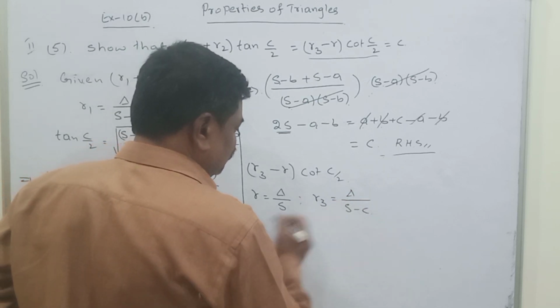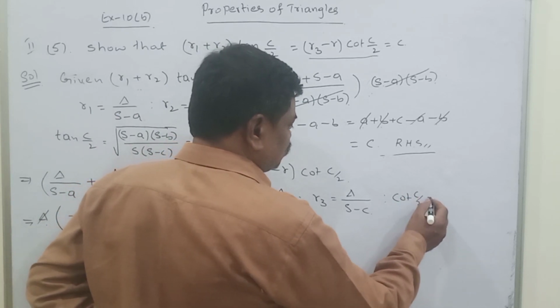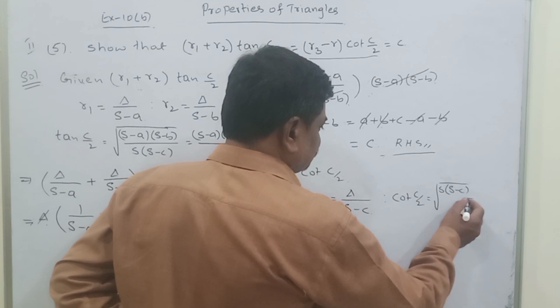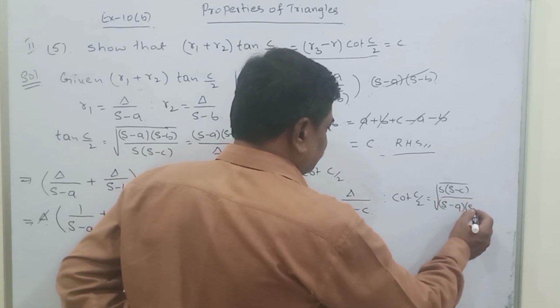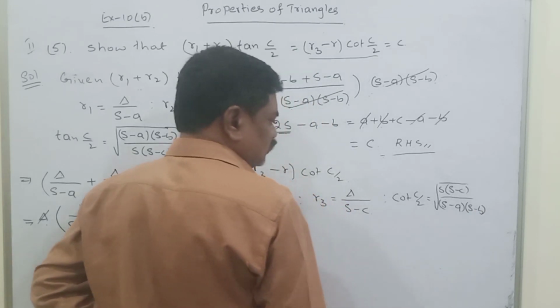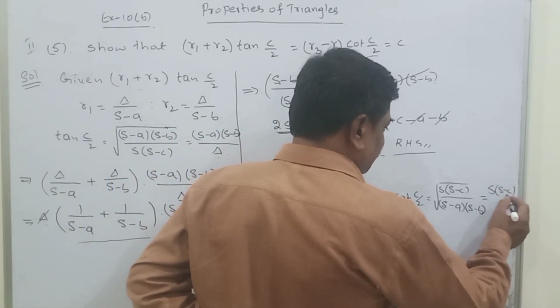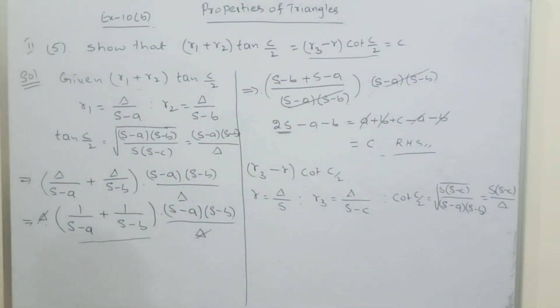Delta by S minus C. And cot C by 2 is equal to root over S into S minus C by S minus A into S minus B. This can be written as S into S minus C by delta.